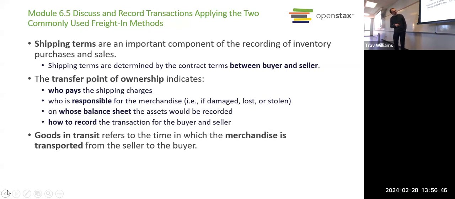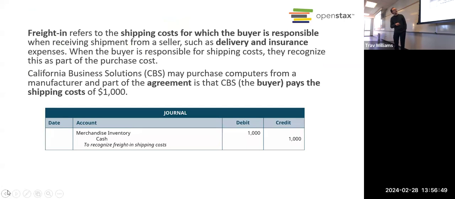I think I've basically said everything here, so let's go to the next page. Okay, so freight is another word for things that are being shipped, cargo, okay? Let's just look at this journal entry. So this company bought some computers and the buyer is paying for the shipping costs.